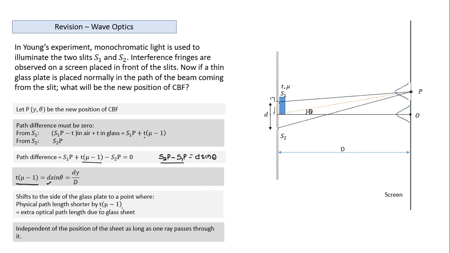Does it matter? The distance between the slit and the sheet is immaterial, as long as the ray from slit S1 passes through the slab of glass before it reaches the screen, its position is irrelevant. So that is the shift in position of the central bright fringe.